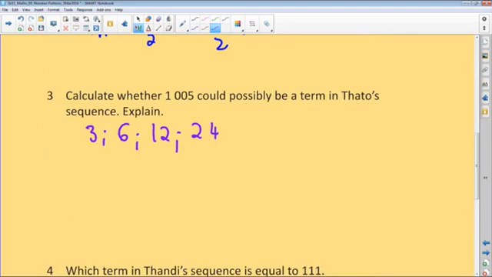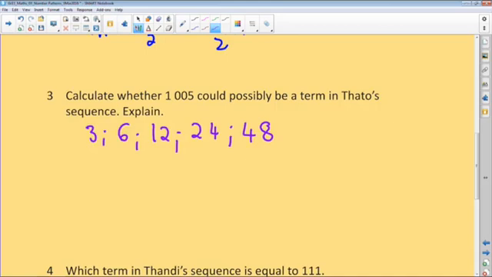Your formula for Tato's is Tn equals A times R to n minus 1.